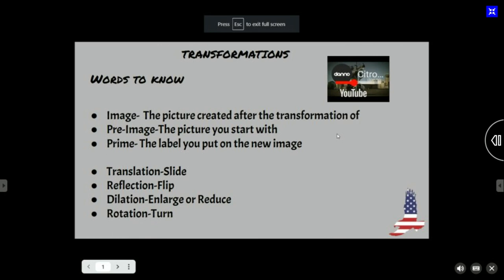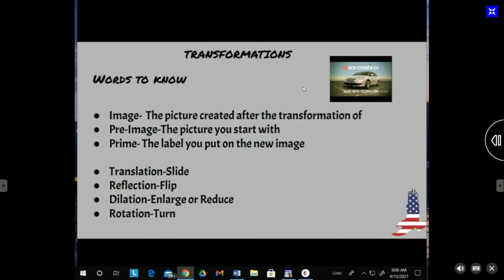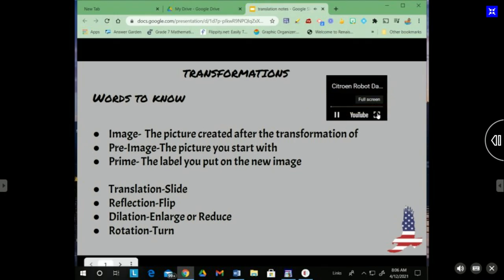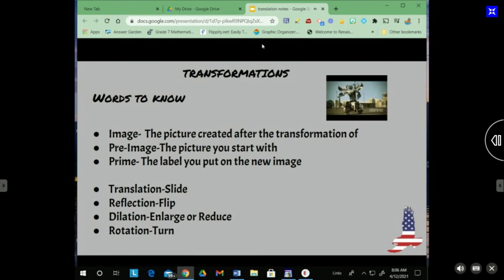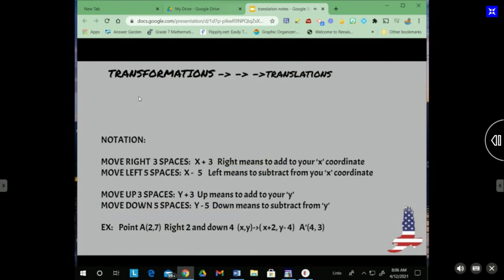Come on, give me full screen. Why are you not?